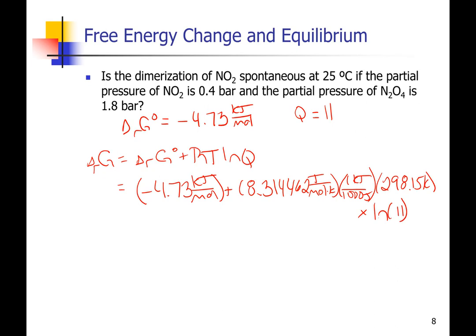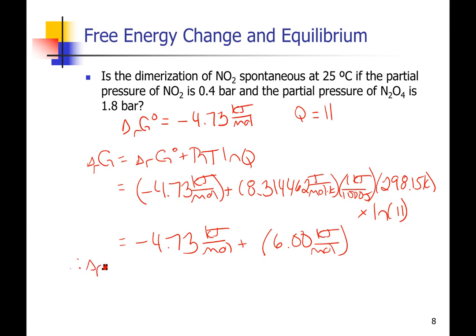Which gives me negative 4.73 kilojoules per mole plus 6.00 kilojoules per mole.